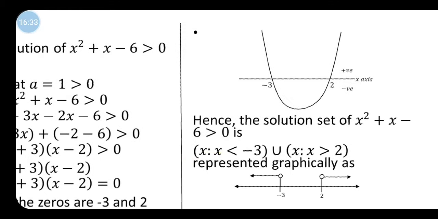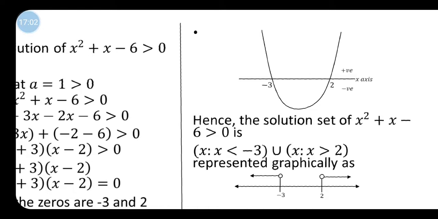Hence, the solution set of x squared plus x minus 6 greater than 0 will be x such that x is less than -3, that is, x before -3, union x such that x is greater than 2, that is, the values of x after 2. When you take the union, you combine the two.